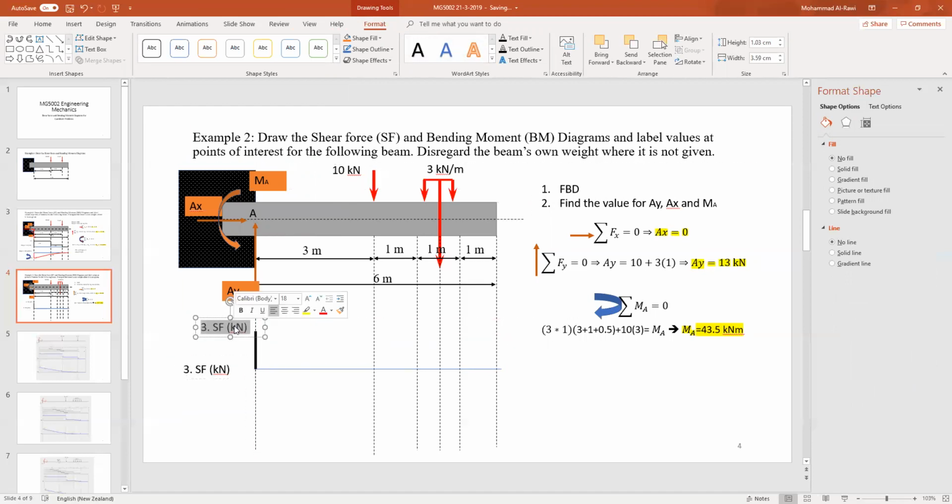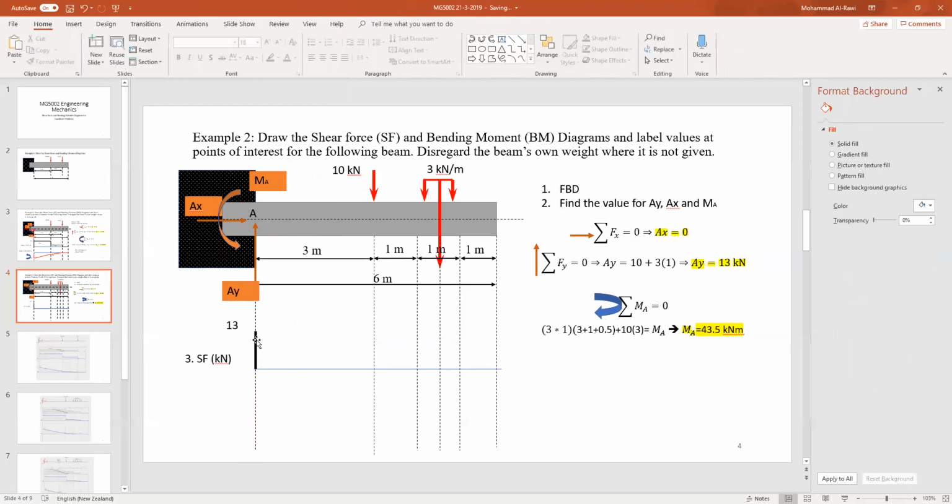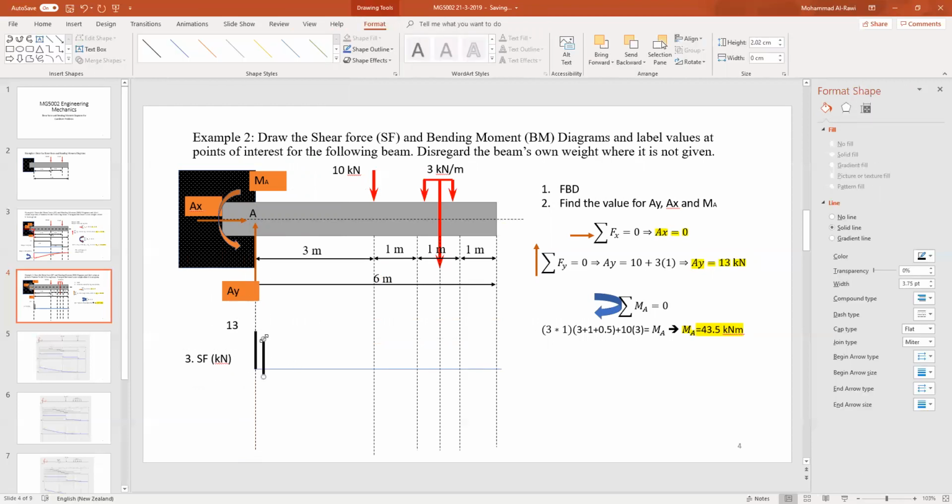That reads 13 kilonewtons. I don't need to put the units since I labeled this as shear force. Now, from that point there is no force acting till you reach the 10 kilonewtons. So 13 minus 10 takes me down, and that will remain 3.